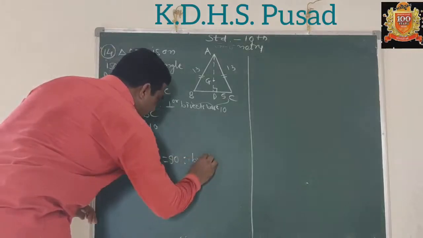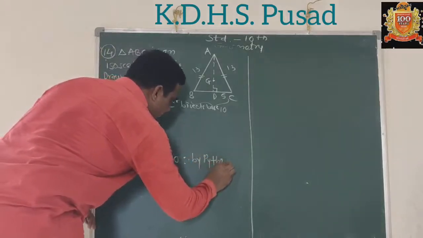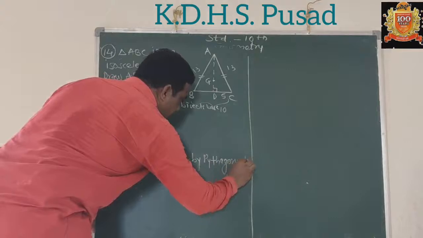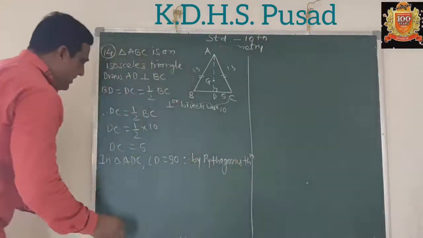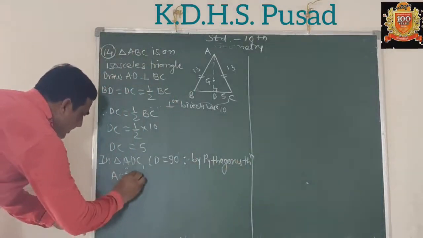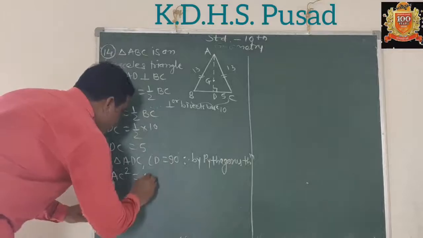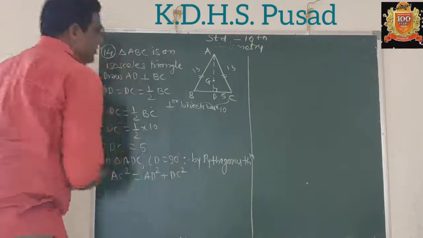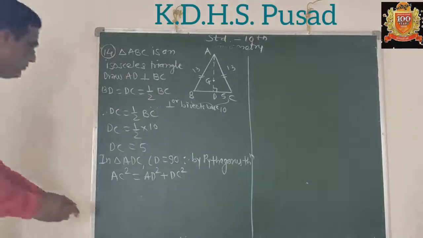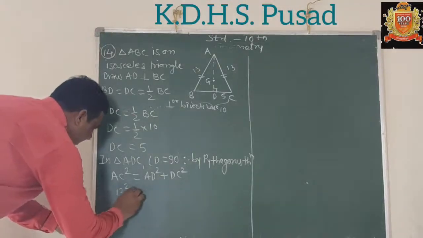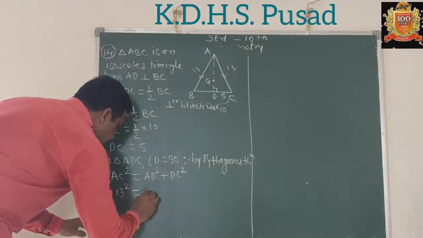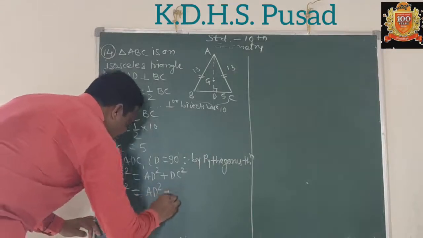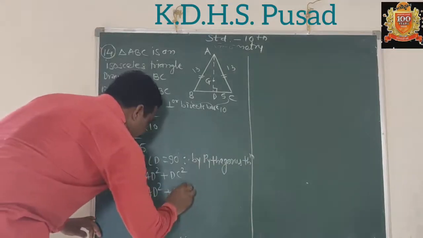Therefore, by Pythagoras theorem, AB square is equal to AD square plus BD square. Let's put the values: 13 square equal to AD square, that we want to find out, plus BD, that is 5 square.